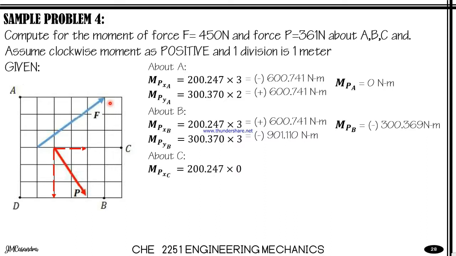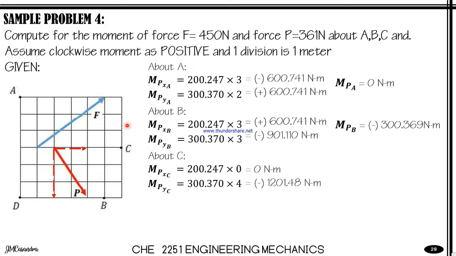And then for pivot C, again, the x component of force P passes through C. Therefore, the distance or the lever arm is equal to 0, which will give us a moment also equal to 0. And then for our y component of P, it will now be computed as 300.37 times 1, 2, 3, 4. So it will give us a counterclockwise.